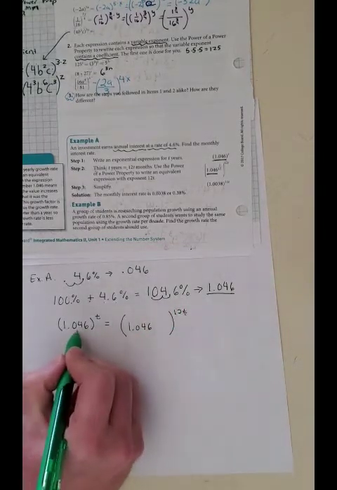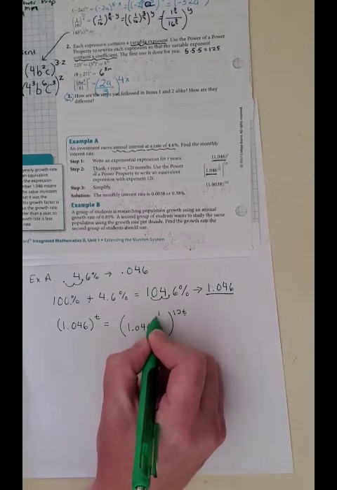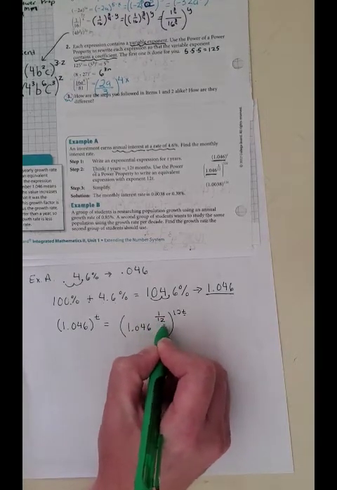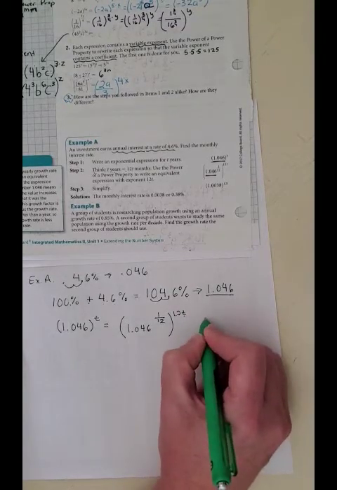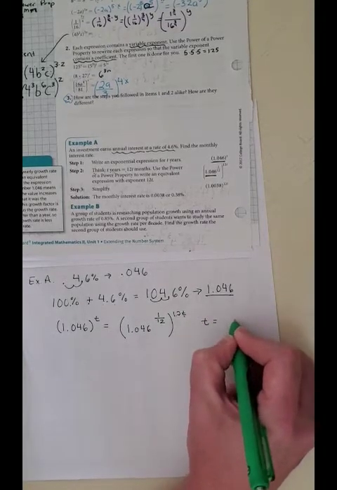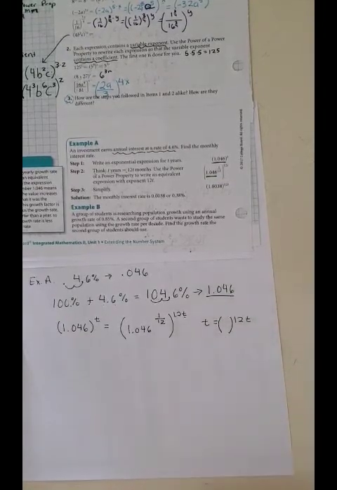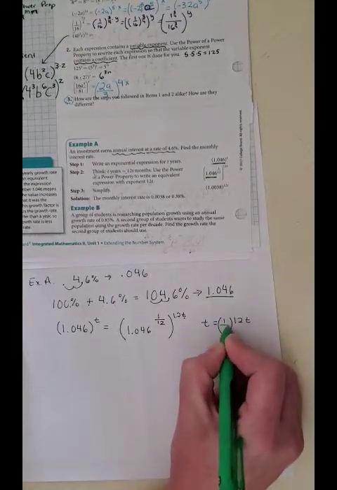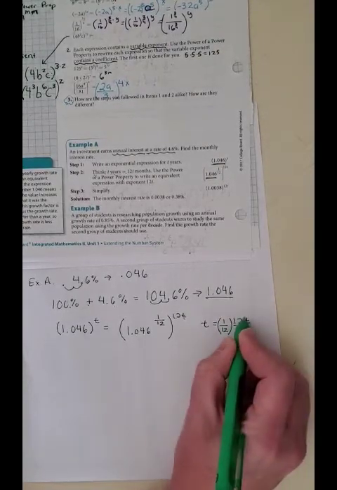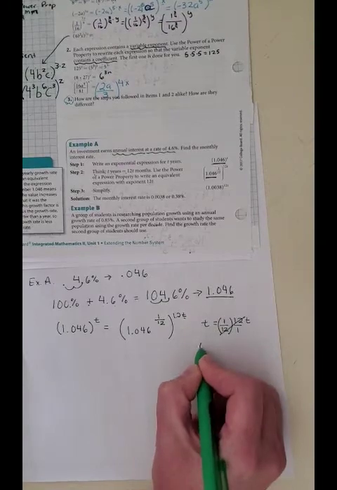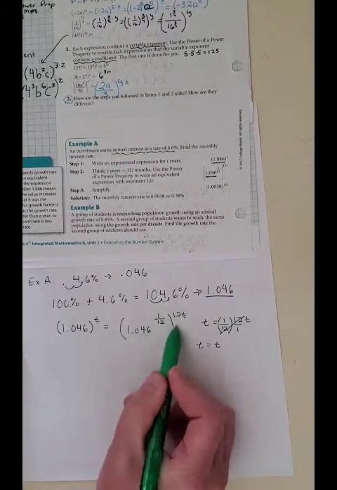For t to equal 12t, I would need to multiply by something here, which would be 1 over 12. If I multiply 1 over 12 to 12, the 12s cancel, and I would have t equals t. And so that would be this power property right here.